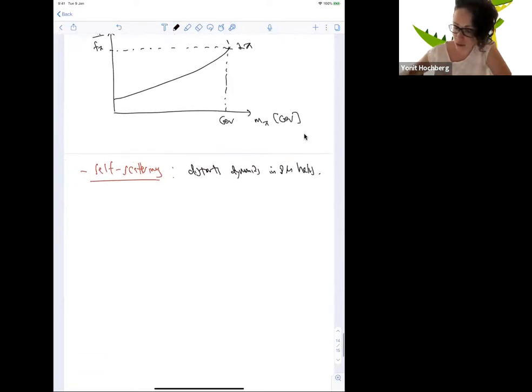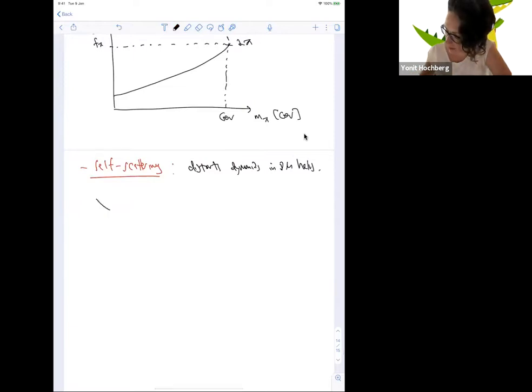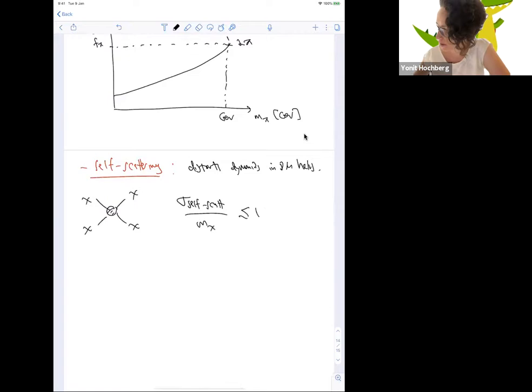From the experimental side, this is what I mean by self-scatterings. It's dark matter bumping into each other and shifting things around. We roughly know that the self-scattering cross section, usually written divided by the mass, should be smaller than around 1 centimeter squared per gram. This is what we know from the Bullet Cluster and from halo shapes.